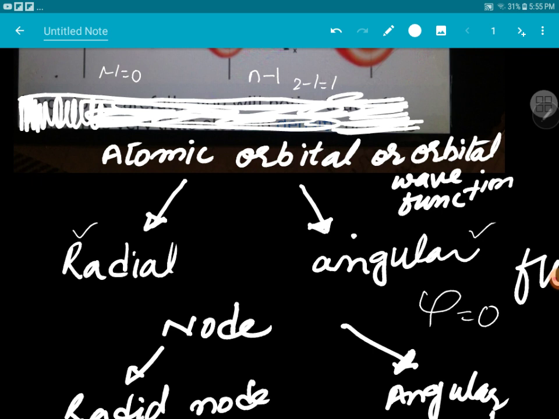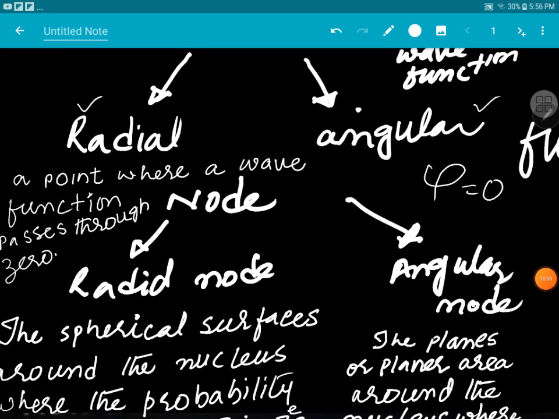According to the wave function, we can describe a node. What is a node? A point where a wave function passes through zero is called a node, and it has two types, radial node and angular node.